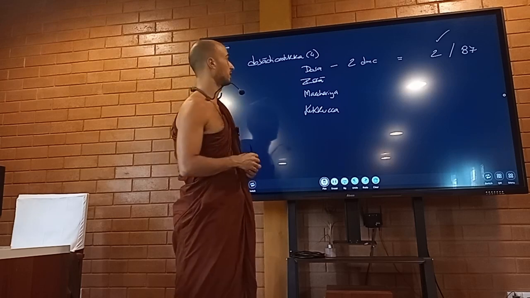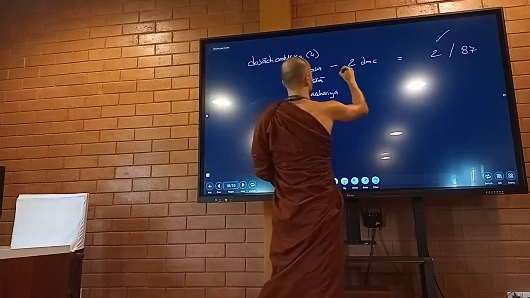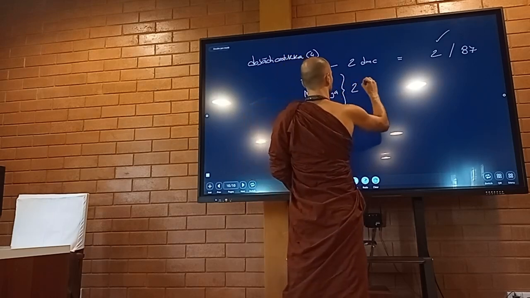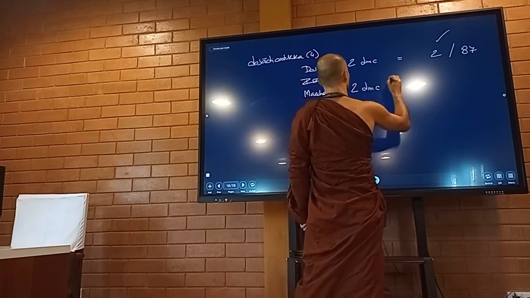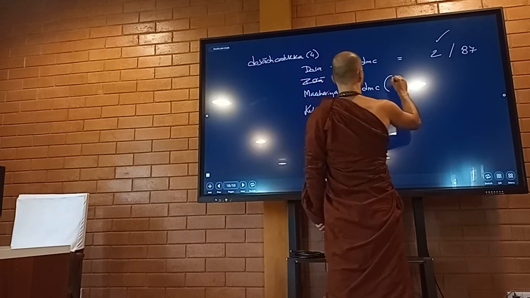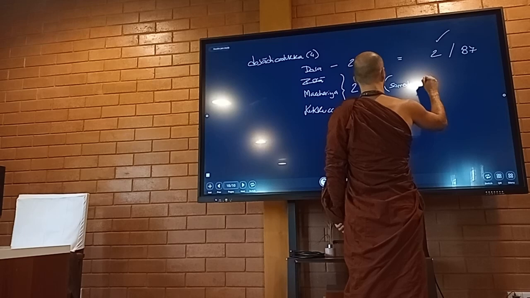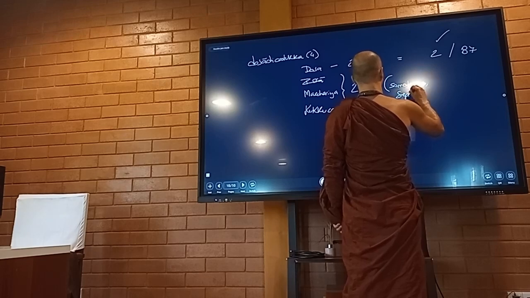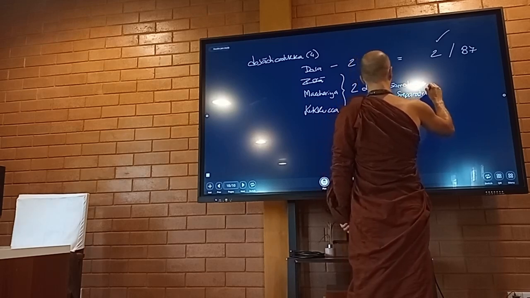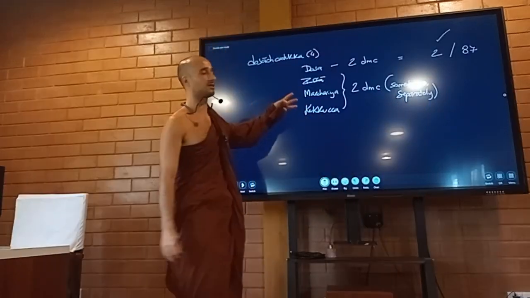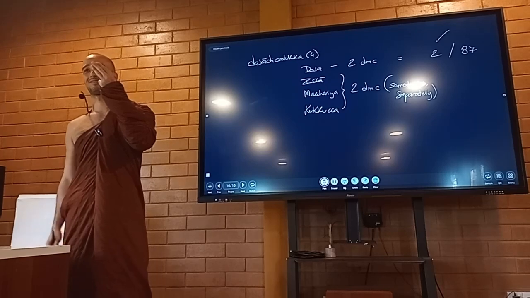Now, Issa, Macchariya, and Kukkucca, they arise in 2 dosa mula citta as well. But why are they not together with dosa? Here, these 3, they arise in 2 dosa mula cittas sometimes and separately. Okay, if you just write sometimes, it sounds like they arise sometimes together.